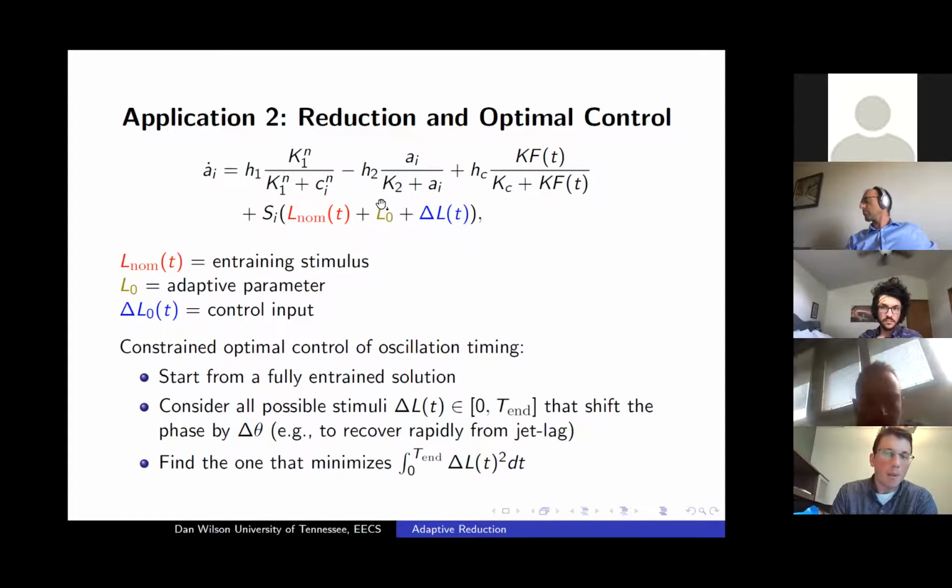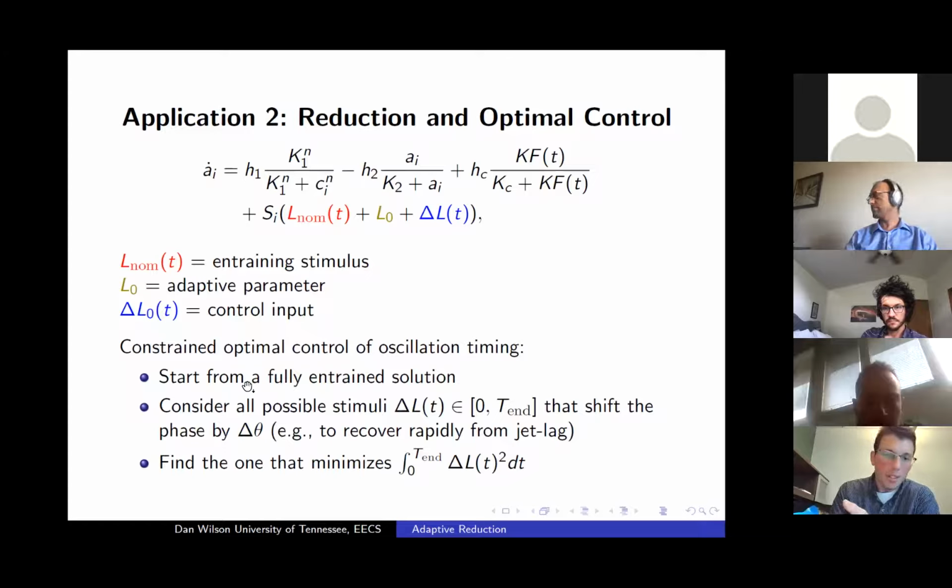We have this adaptive parameter L0 here, which is going to be used in this adaptive reduction, and delta L of t is going to be used to implement this light seeking or light avoidance strategy. And the rules of this optimal control formulation are going to be such that we start from a fully entrained solution.